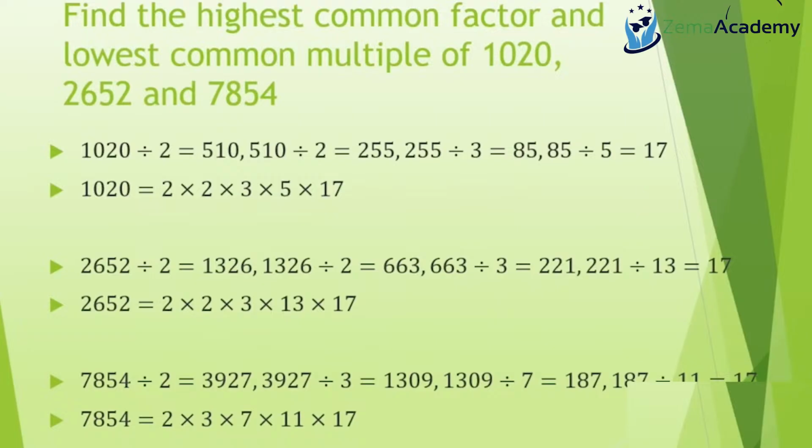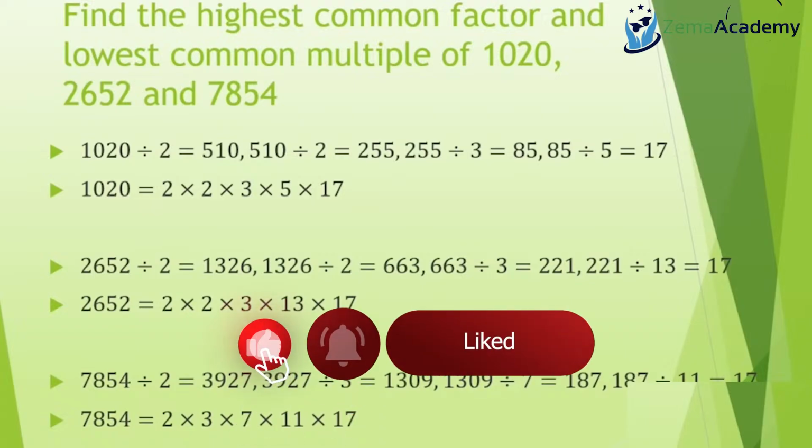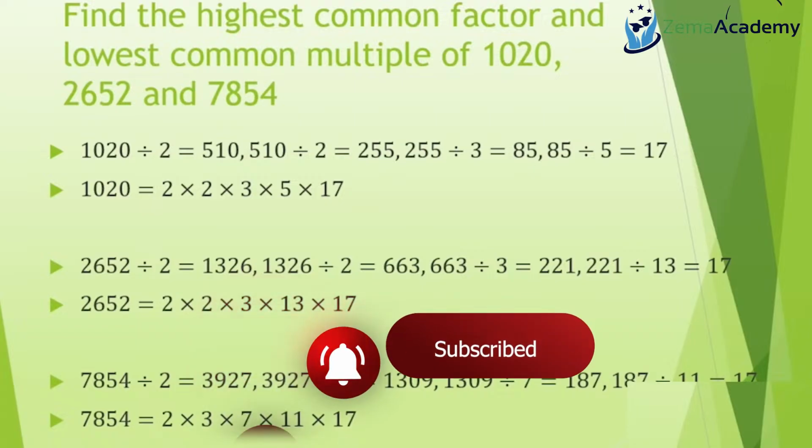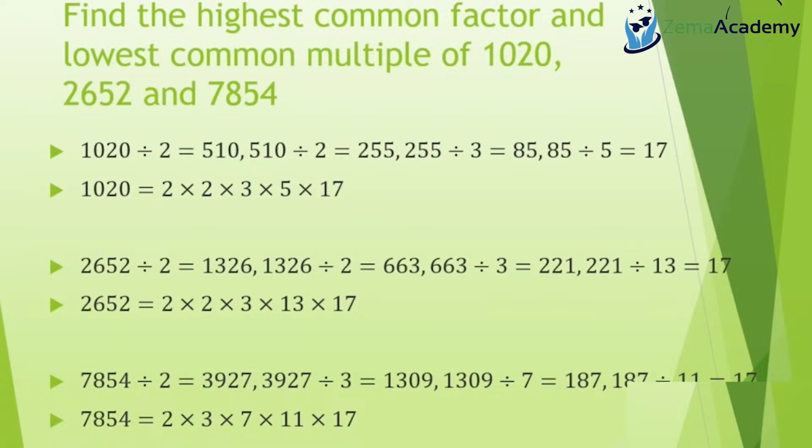Here, I've been asked to find the highest common factor and the lowest common multiple of 1020, 2652 and 7854. I'm going to start with the highest common factor. The first thing you have to do is take all of these items down to their prime factors. So I factorized each of these numbers out.